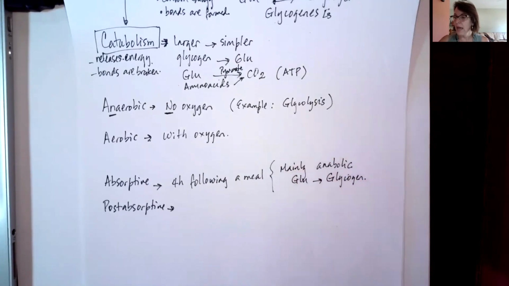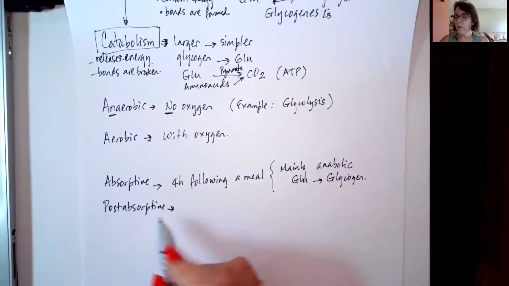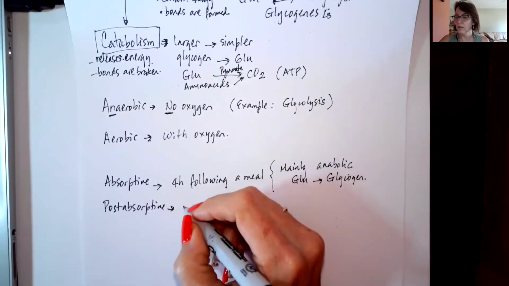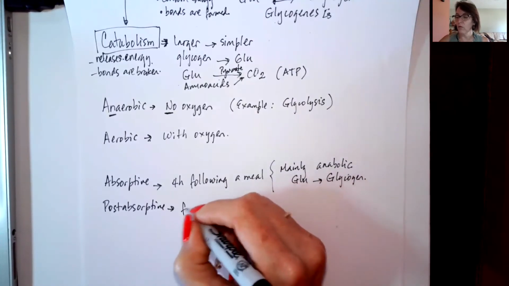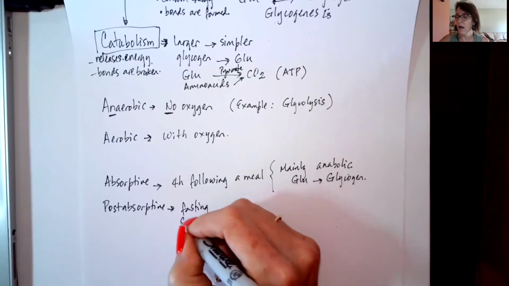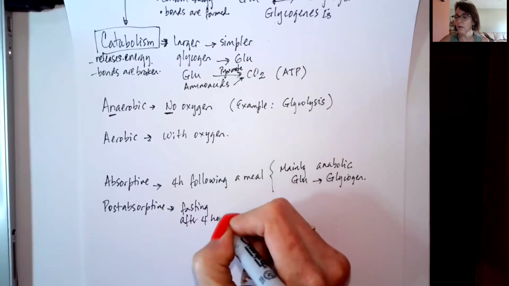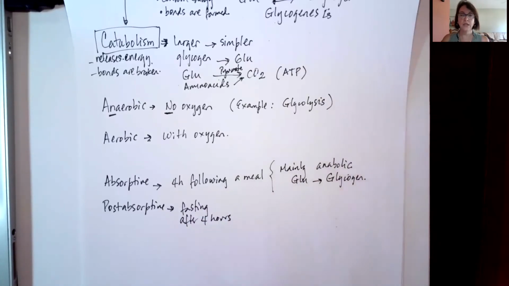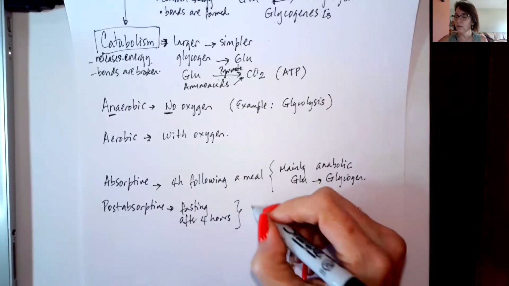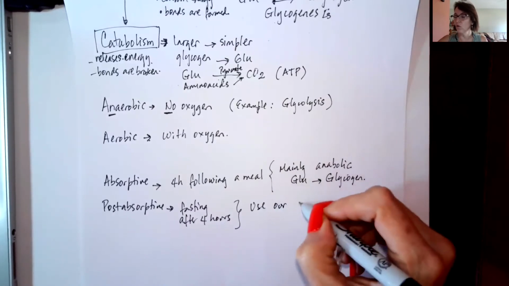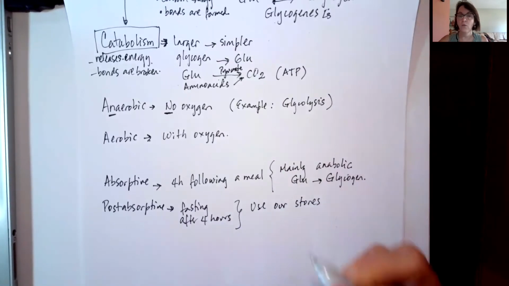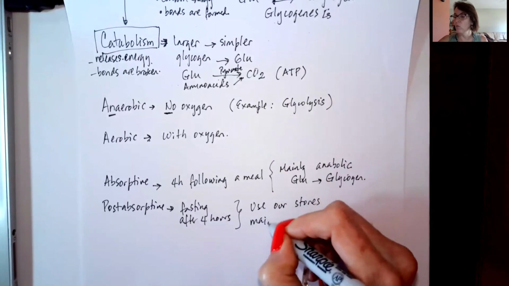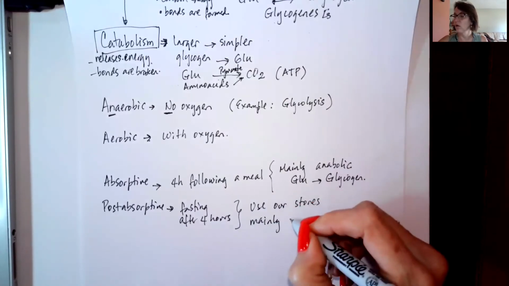So mainly anabolic reactions, whereas when you are fasting, after 4 hours or more, you are still in need of energy and you don't have the nutrients to get this energy. So you need to use your stores. In this part, we use our stores, and what happens here is mainly that we break down these stores.